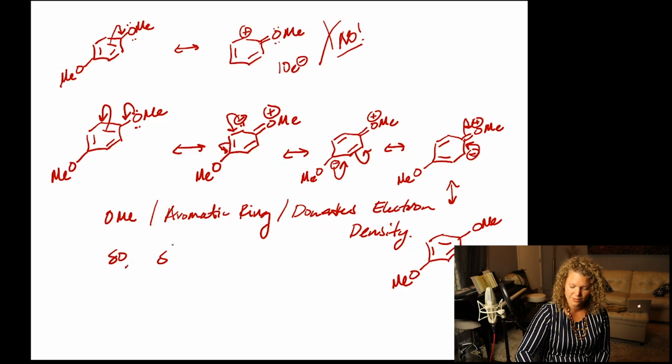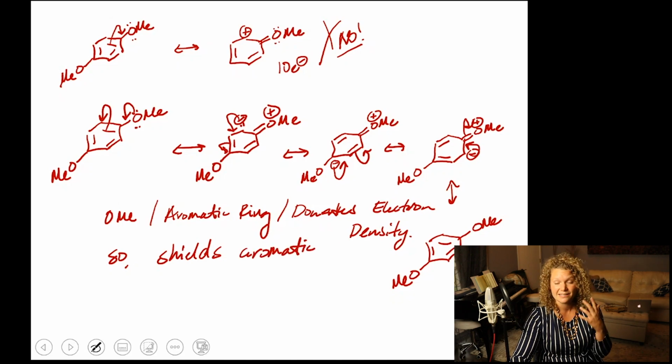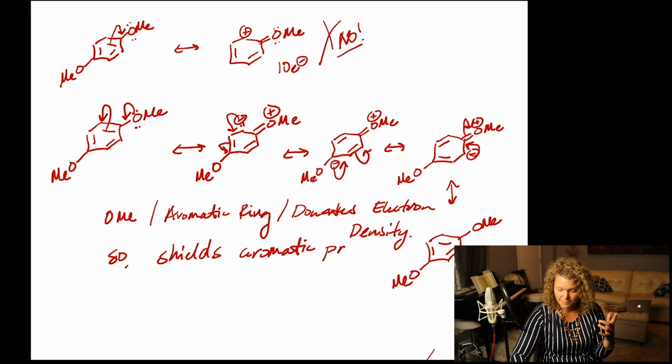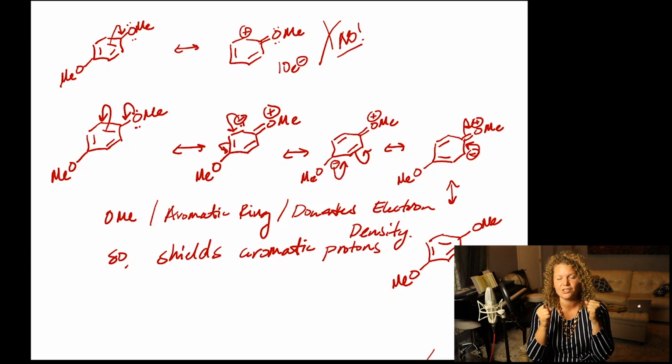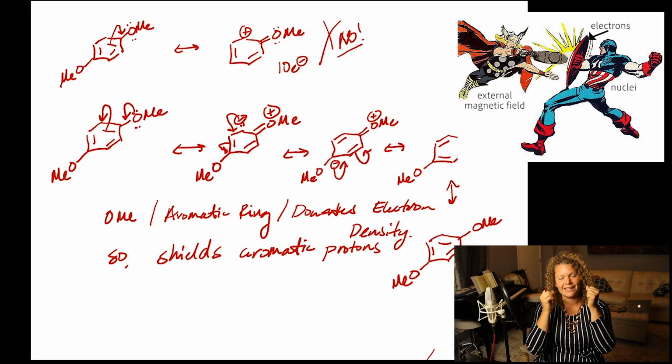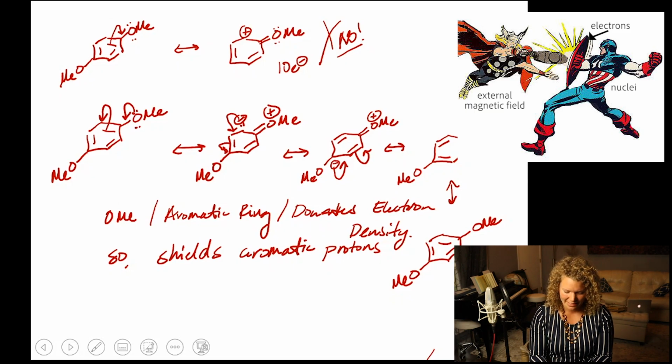So it shields these aromatic protons. More electron density, more shielding. Think about that shield of electrons, and that's going to shift it to lower ppm.